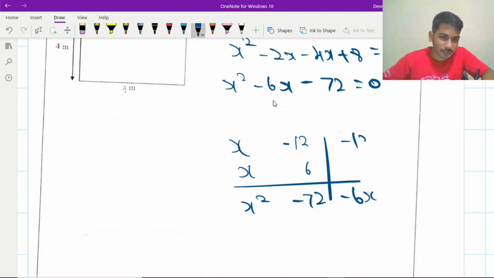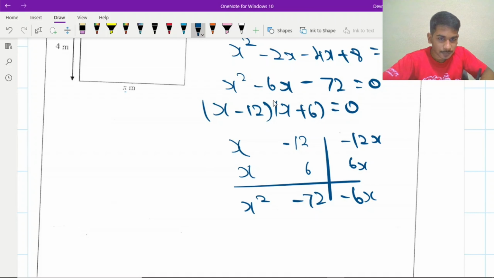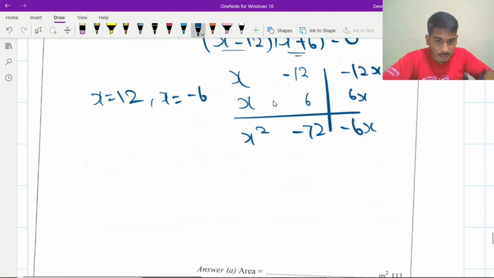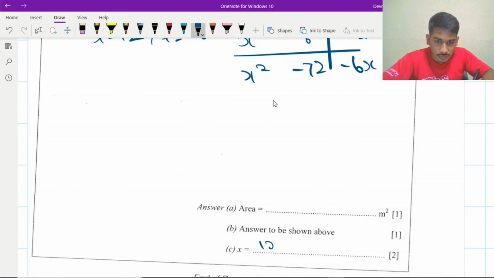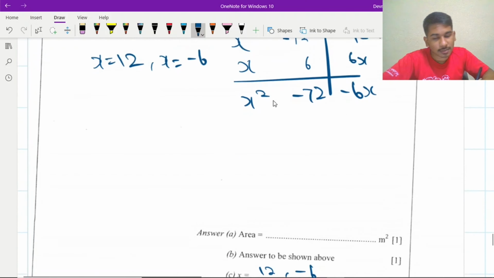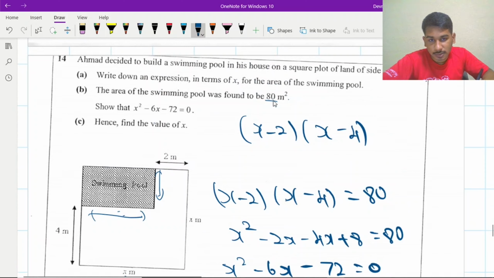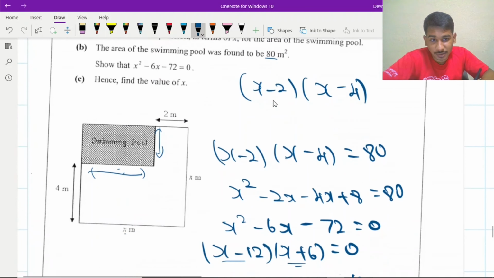Yeah, negative 12x, 6x. So we have x minus 12 or x plus 6 is equal to 0. So for one of them to be 0, x has to be 12. Or for this to be 0, x has to be negative 6. 12 or negative 6. But wait, x can't be negative 6, right? Because it's an area length.